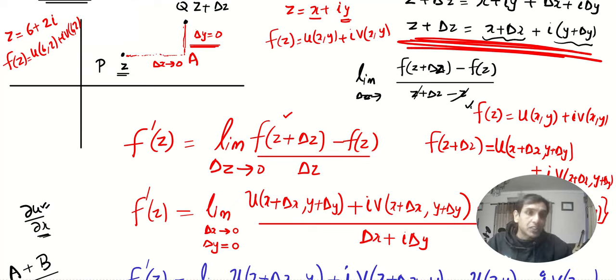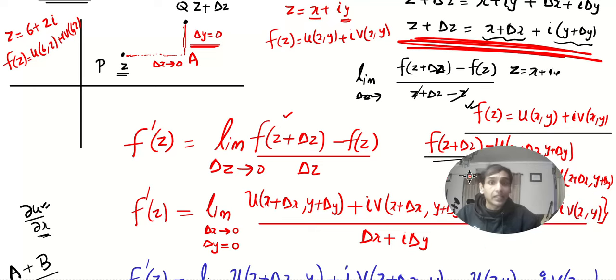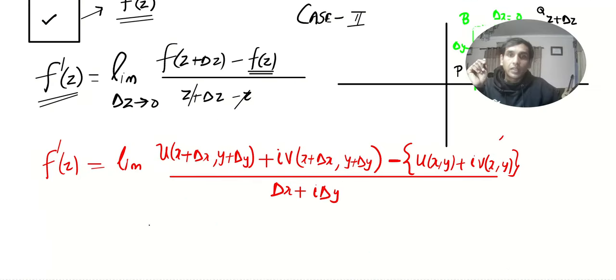The given function is u plus iv, and the given input is x plus iy, and we have f of z plus delta z, and the same story. Now, I am plugging in the values. What is f of z? u plus iv. And what is f of z plus delta z? That is also u plus iv, but because of the difference in input, we get it like this.